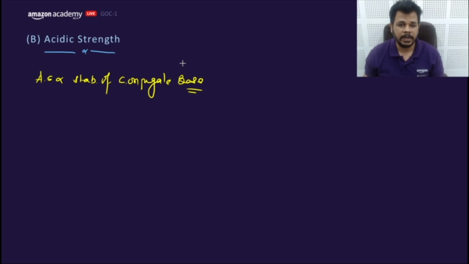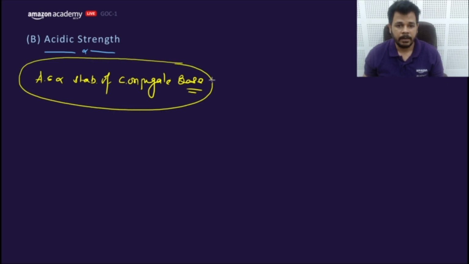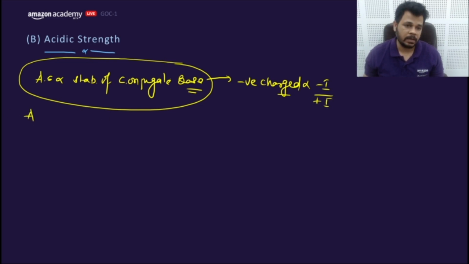Negatively charged species are directly proportional to minus I and inversely proportional to plus I. So acidic strength is directly proportional to minus I and inversely proportional to plus I.